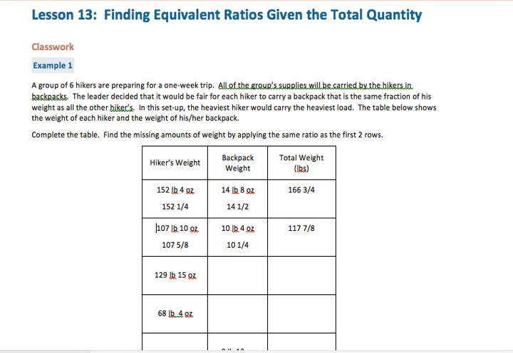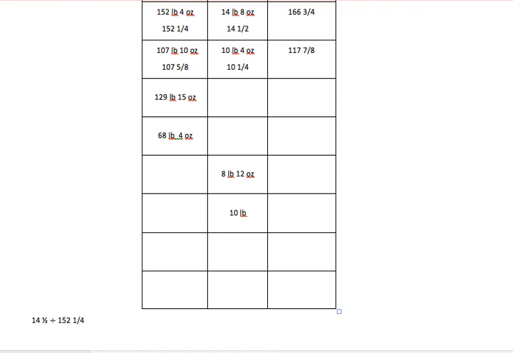We know that by taking the y value, remember x, y in our tables, the y value, 14 1/2, dividing it by 152 1/4, which would give us 2/21. And when we check the rate for the second, we find the same thing.